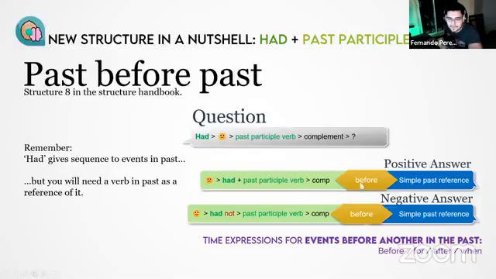Person had past participle before, and then the next idea needs to be a simple past reference, because we need to understand two processes in the past. I went to the gym, but before I went to the gym, I had eaten my breakfast. The I went is the reference.